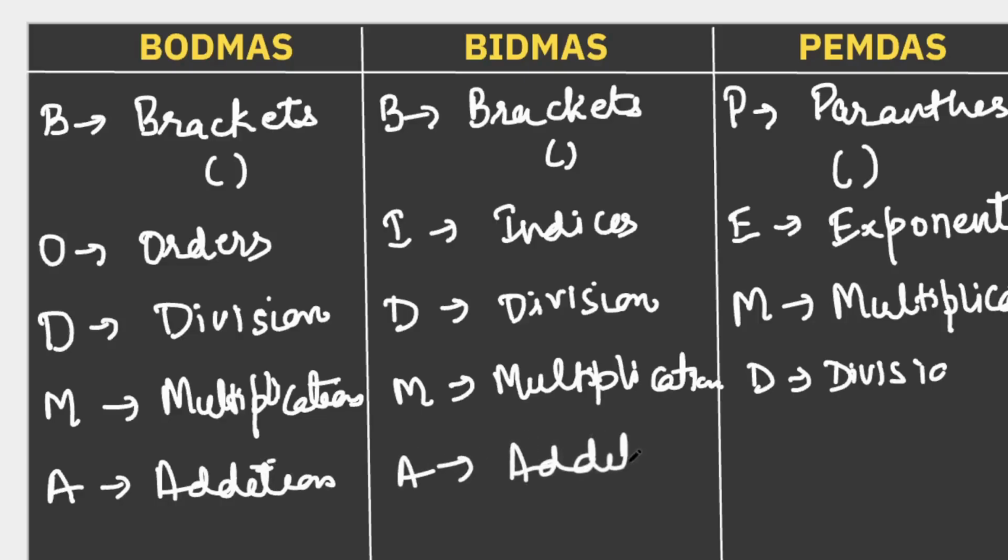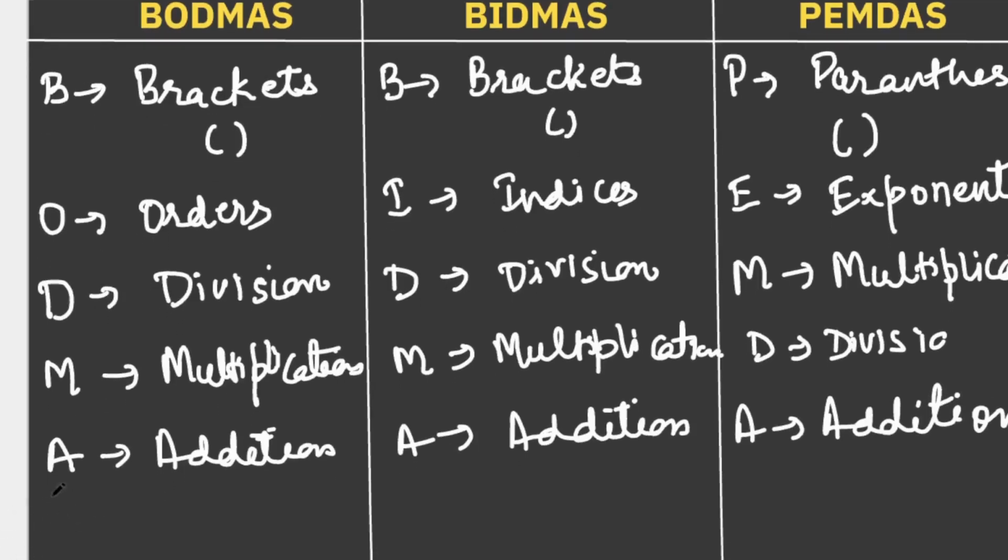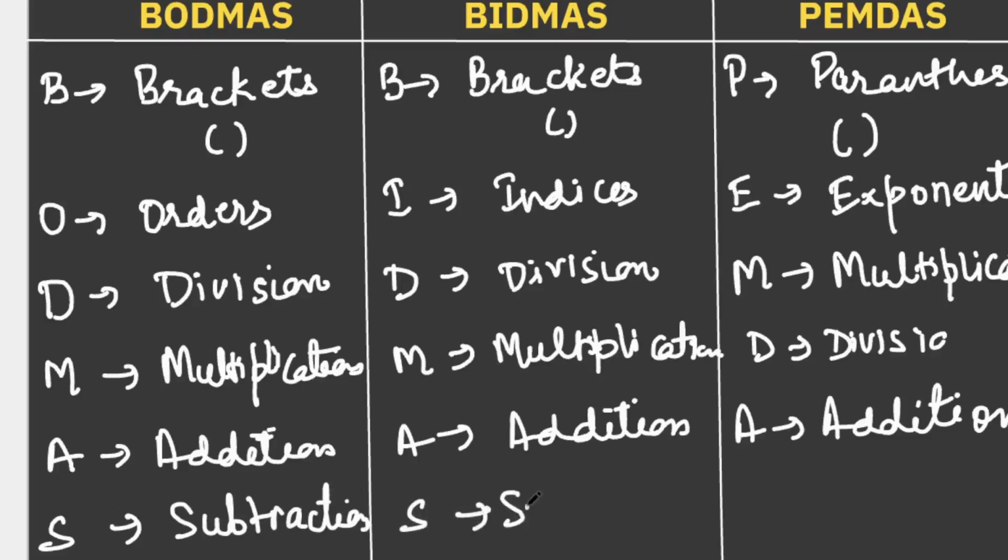So after multiplication, addition will be done, and after addition is done, subtraction will be performed. Okay, so we have S for subtraction in BODMAS, in BIDMAS and in PEMDAS. Okay, subtraction.